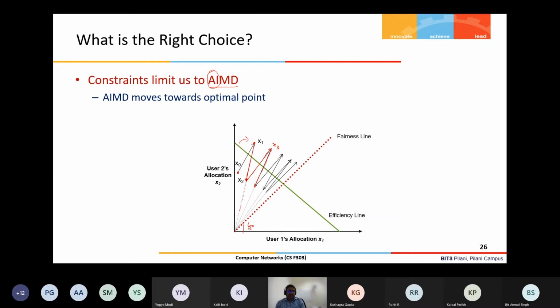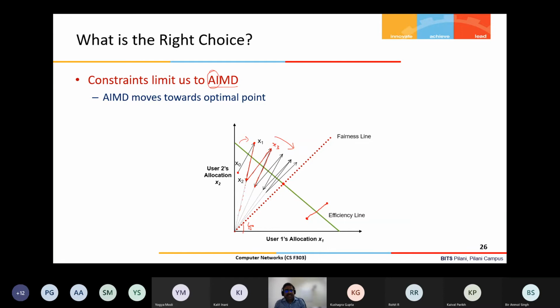If you see, in some number of iterations it is taking me towards the fairness line. So definitely I will reach some point in time here. You can take this point maybe somewhere here also. Let us say I took it here. So first I am below the efficiency line, so I will increase it. So I reach somewhere here, right?